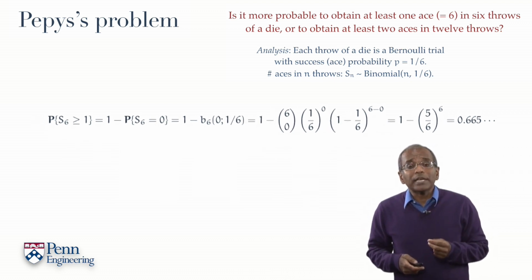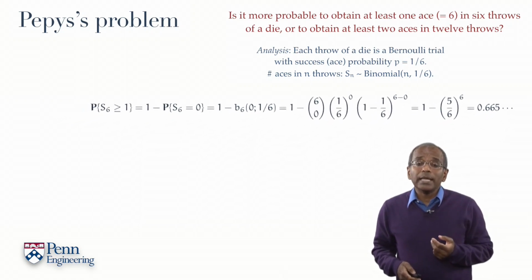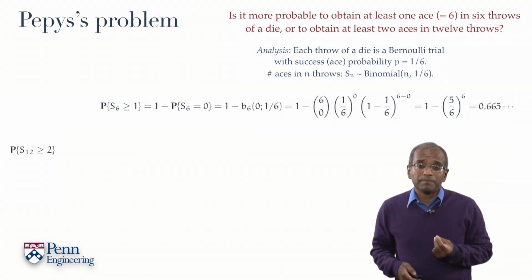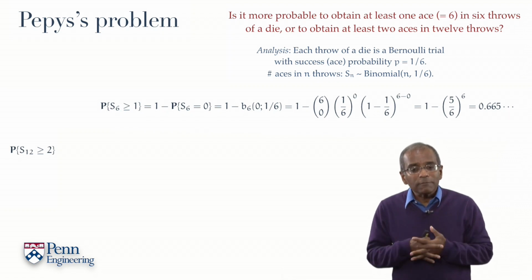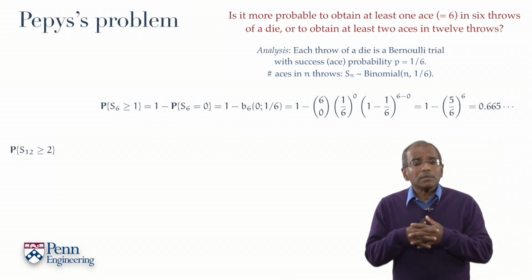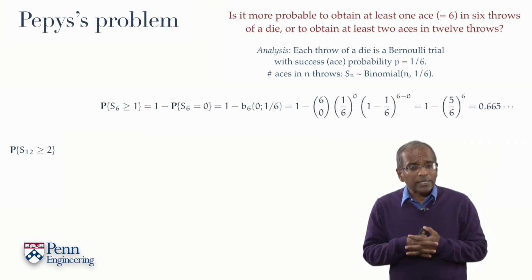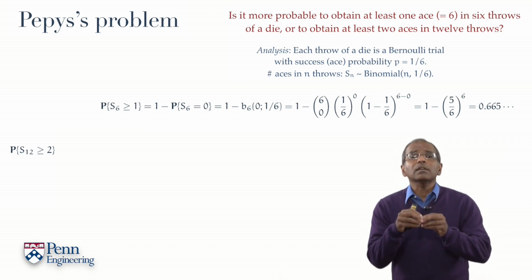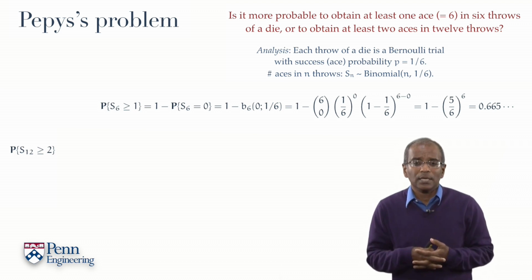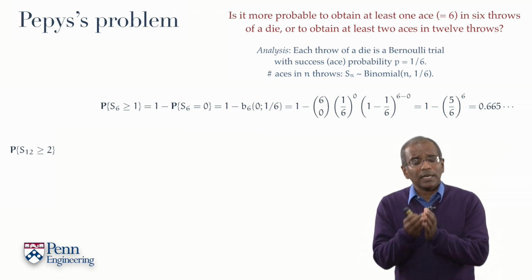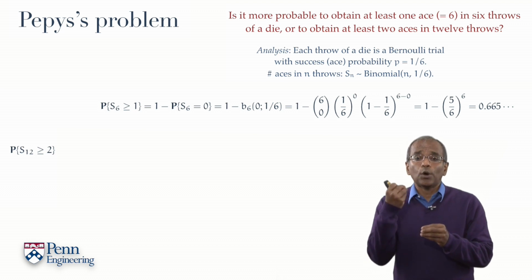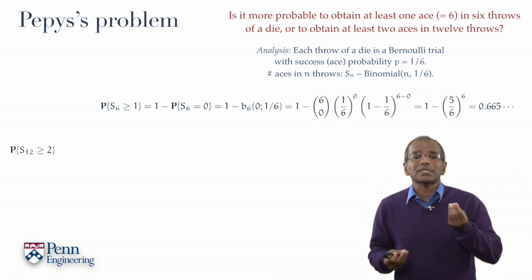What about the probability of getting at least 2 6s in 12 throws of a die? Now, n, the number of trials, is 12, and p still remains 1/6. So the probability of getting at least 2 successes, again by additivity, the complement of that event is the event that you get either no successes or precisely 1 success.